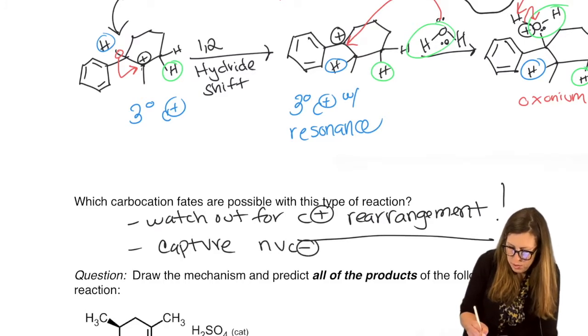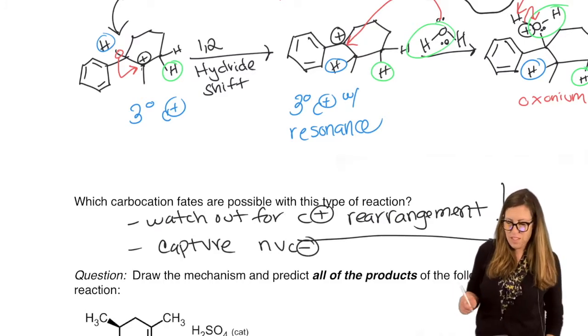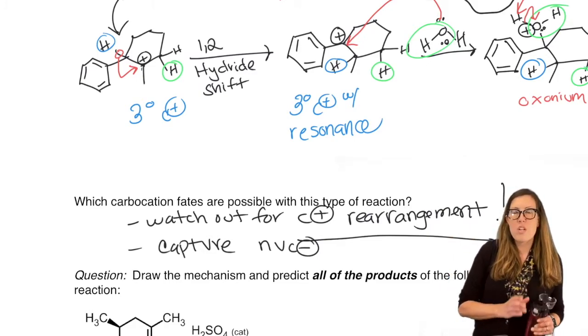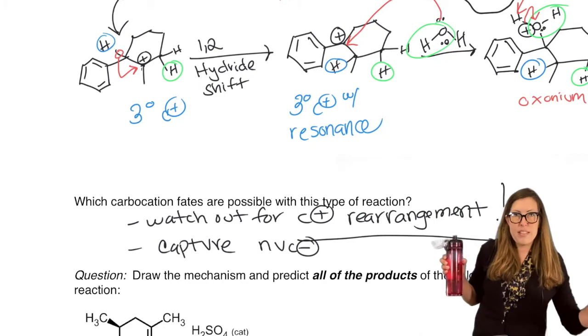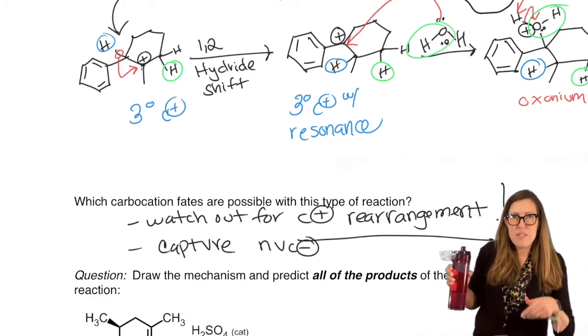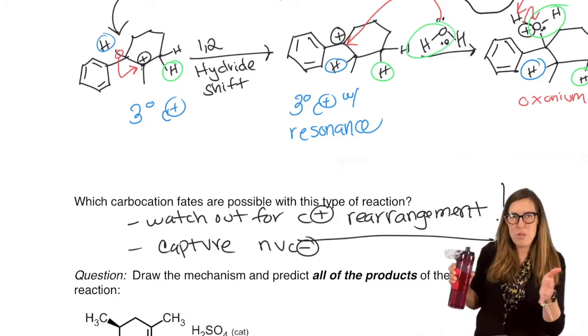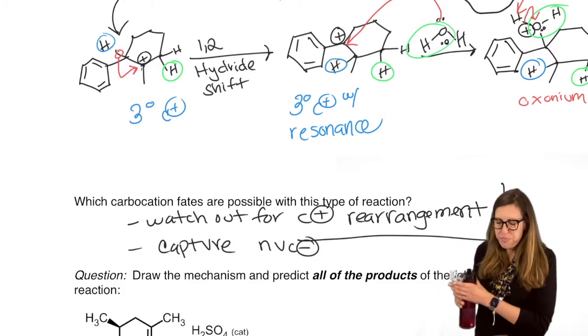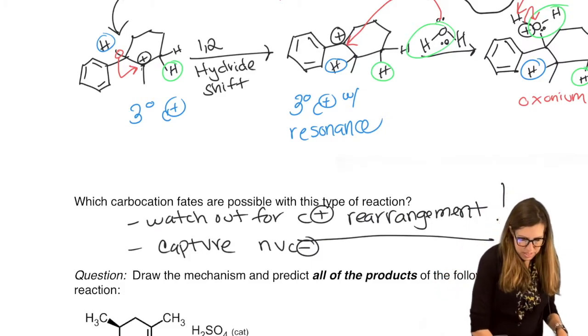So that's the essence of the mechanism, right? We form a carbocation, we stop, we evaluate if we should rearrange. We move on once we assess that situation, then we capture our nucleophile, clean it up if we have to, because of that proton transfer oxonium ion scenario. And then voila, we have our groups added across the pi bond.